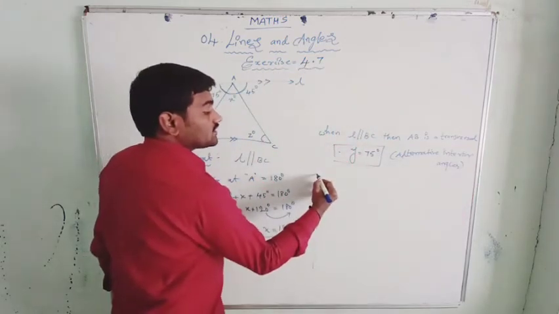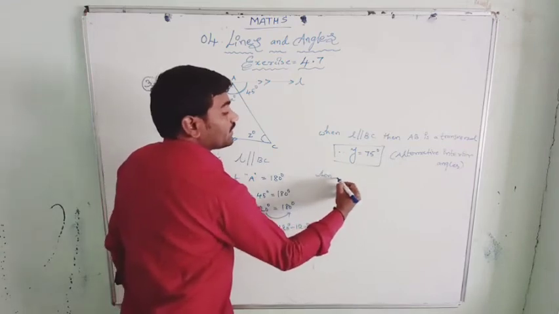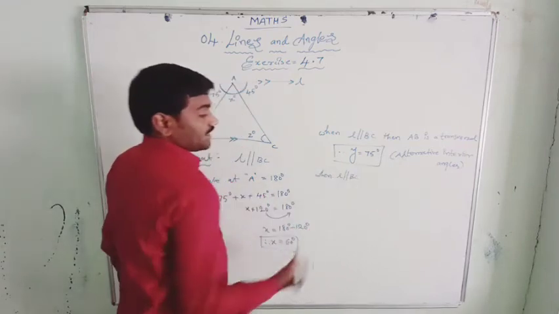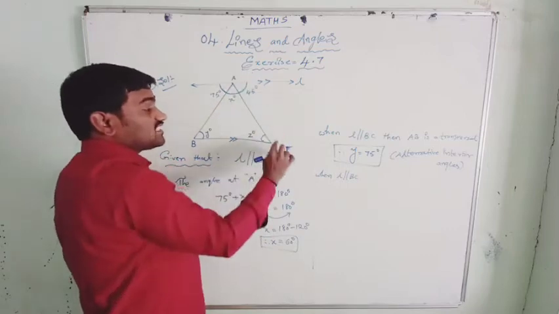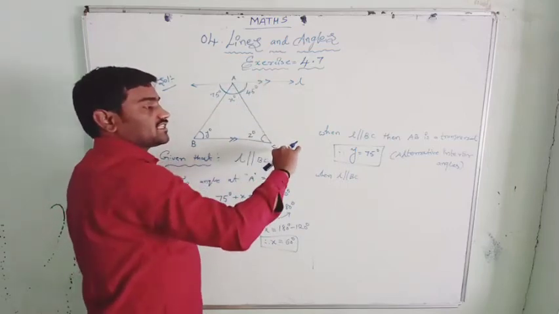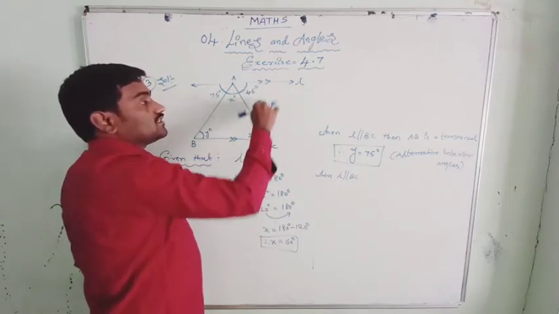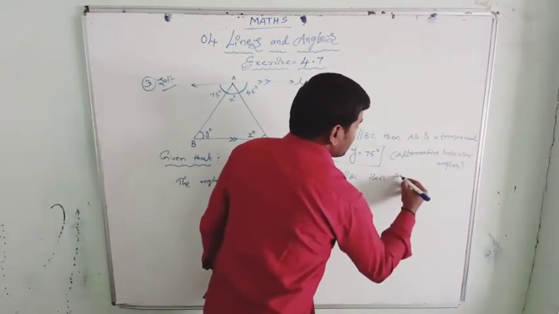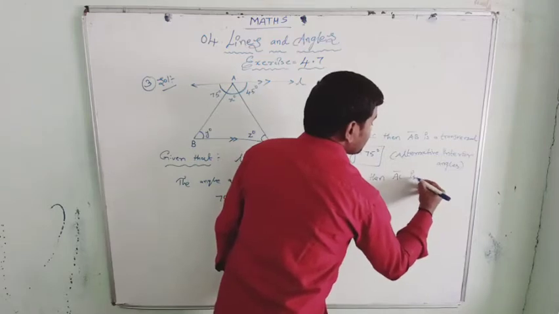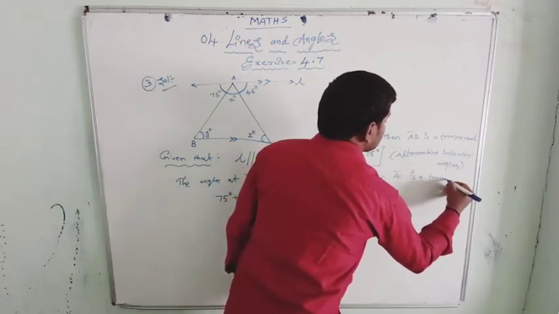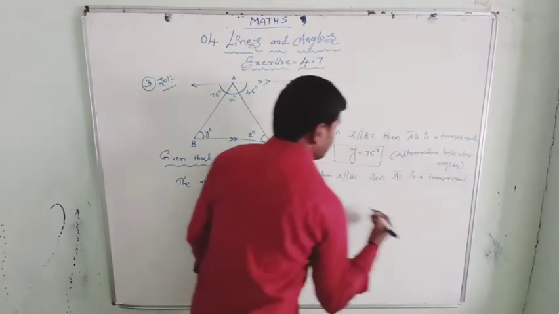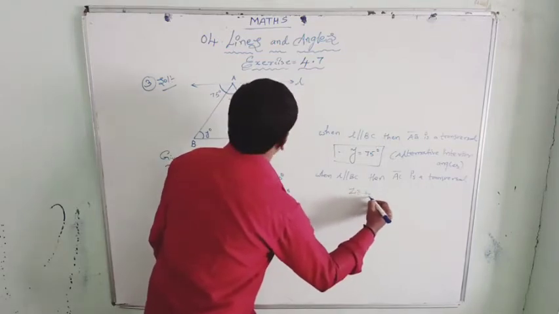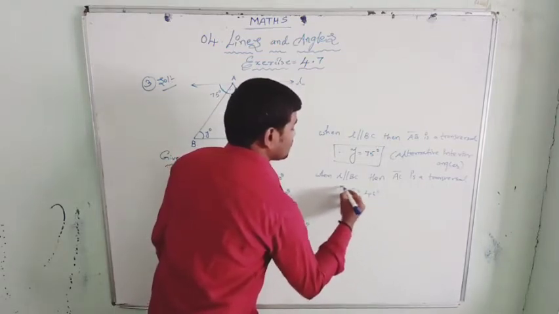Our next condition, same when L is parallel to BC, here in this condition AC is a transversal. If AC is a transversal, then angle z equal to 45 degrees.